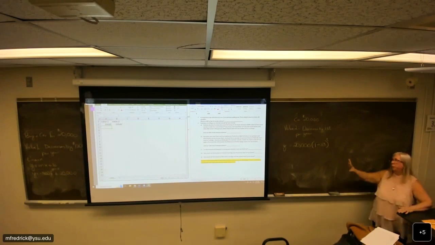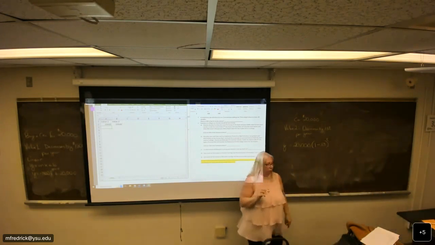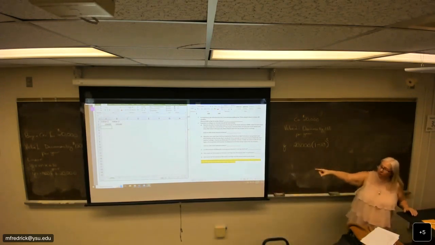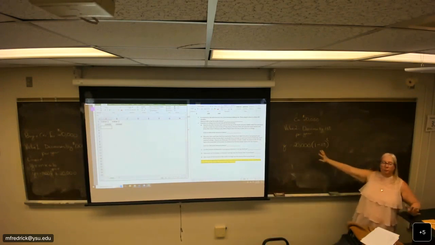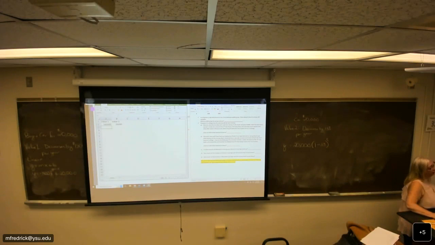Now, for the extra points, you only have to have these two parts. You do not have to have the Excel. I just want to show you how it works. And the one on the left will go to zero eventually. This one, except for rounding in a calculator, will not reach zero. So the first one, it's decreasing by 1,800.